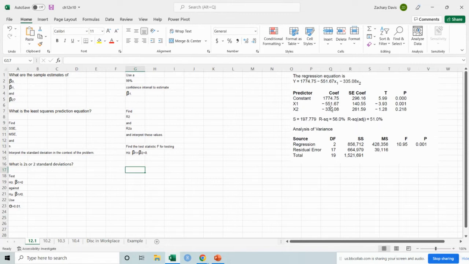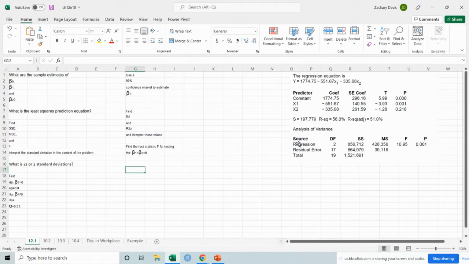So beta 1 is negative 551.67, and beta 2 is negative 335.08, and you can see those as the coefficients in our regression line. Typically when you have a regression, you're going to have an ANOVA as well, the analysis of variance. Some important values you may need are the sum of squared errors.